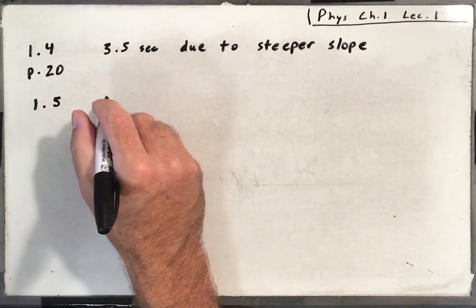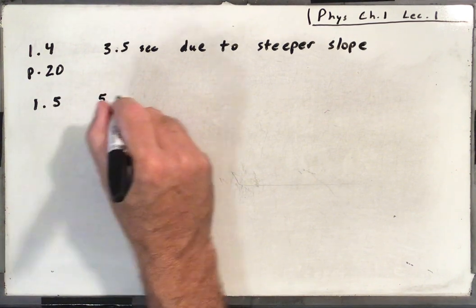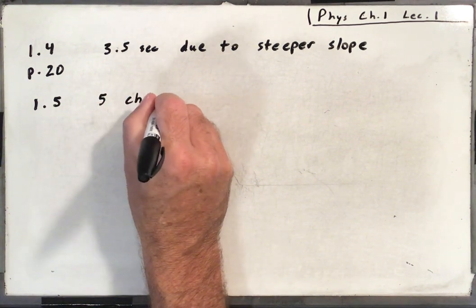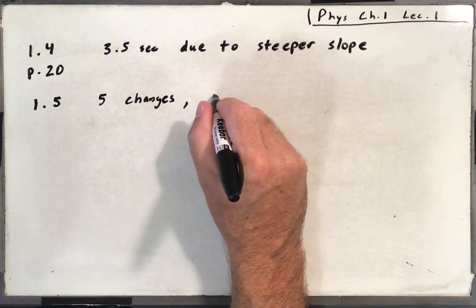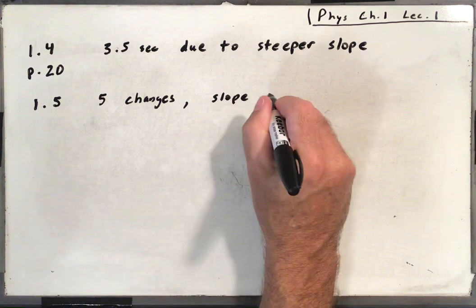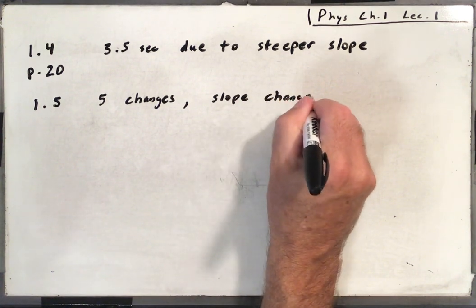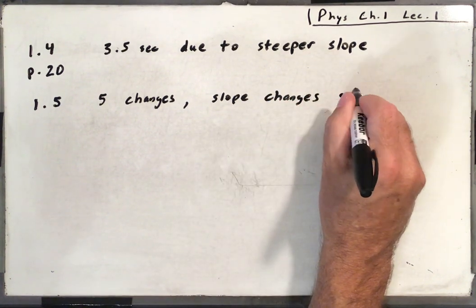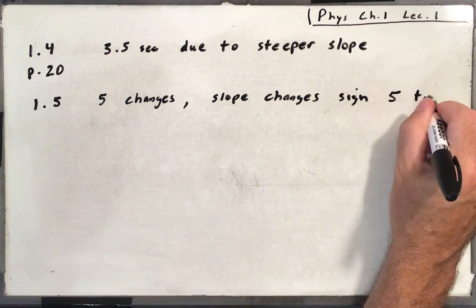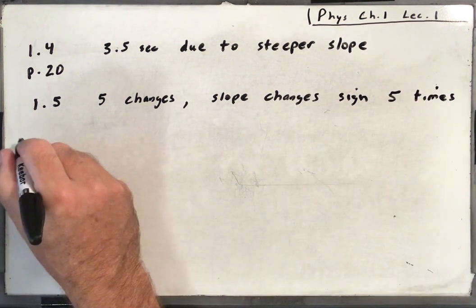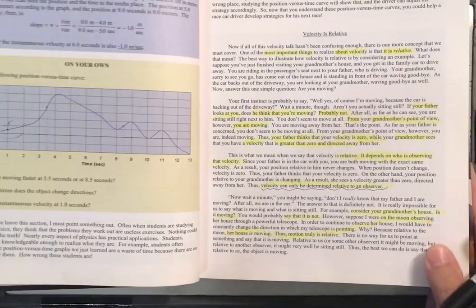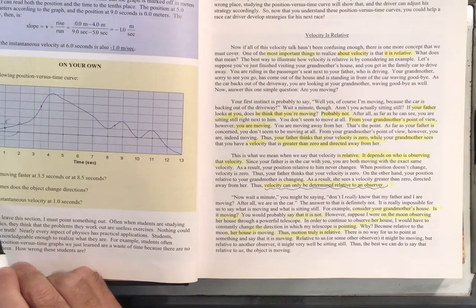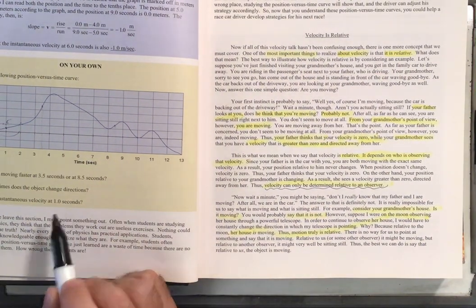So we have 5 changes because the slope changes sign 5 times. All right, and then our last on your own of this lecture is, what is the instantaneous velocity at 1 second?